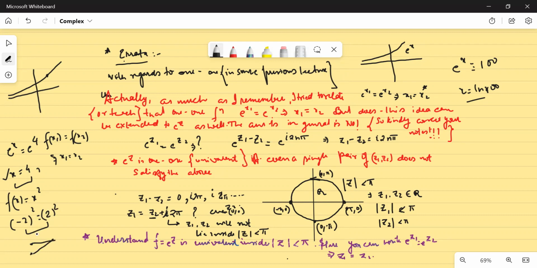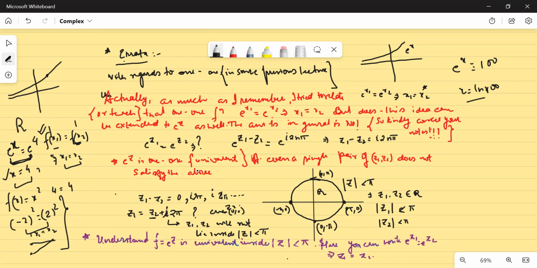So here you cannot say x1 equals x2; it may be possible that x1 is minus 2 and x2 is 2. So if functions are equal, then their arguments are equal only if the function is one-one. Okay, so this agrees in real analysis.